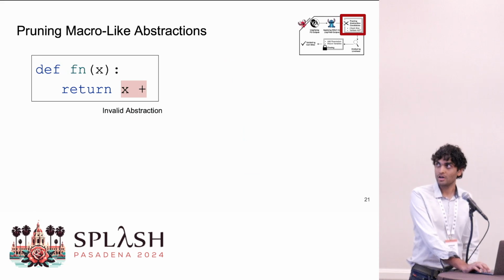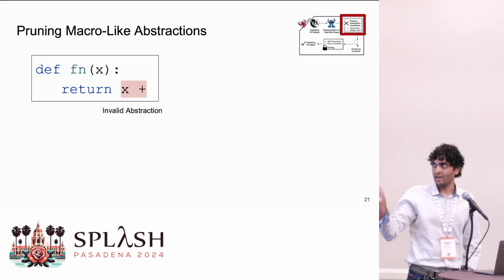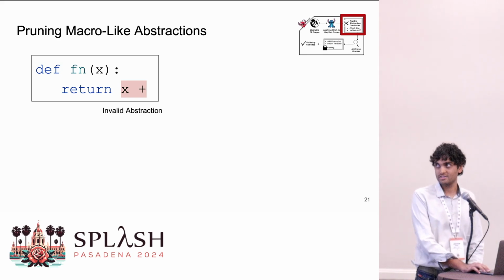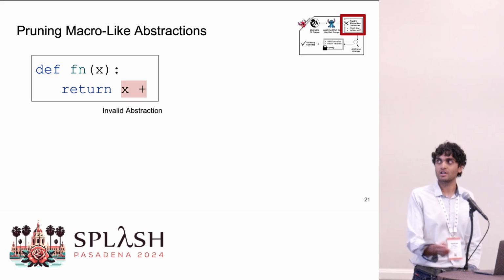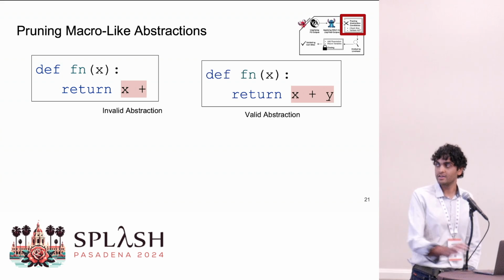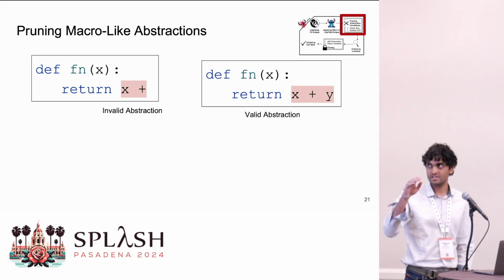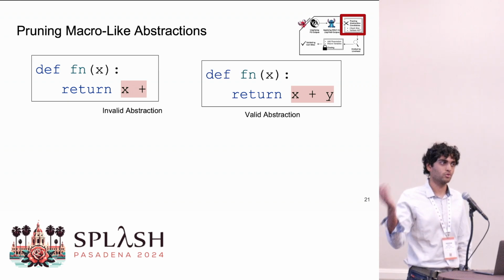So here's an example. This function looks odd, and it just adds. It looks incomplete. It's an incomplete part of the Python AST. And here's the valid and complete part of the AST. So instead of adding two numbers, there's just a plus sign there with no right operand.